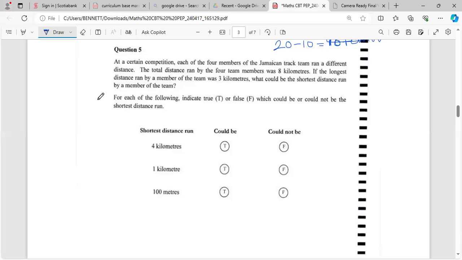And it said for each of the following, indicate whether it's true or false. So this is a true or false. The shortest distance run by someone is 4 kilometers. Could it be or could it not be? 1 kilometer, could it be or could it not be? 100 meters, could it be?